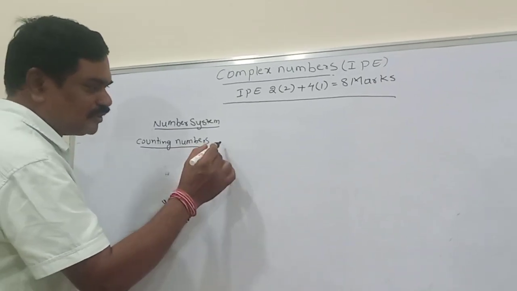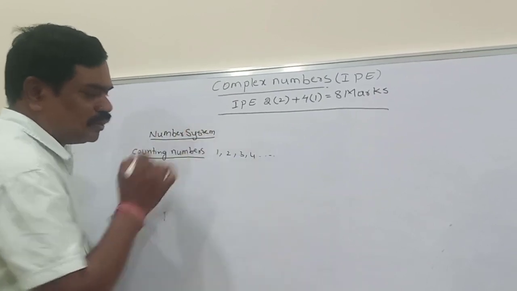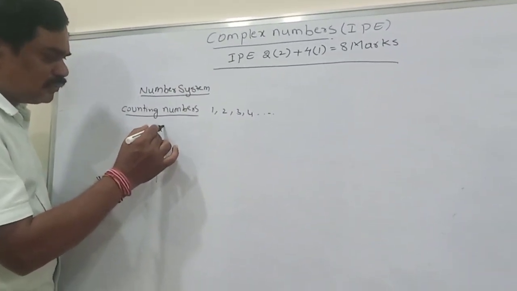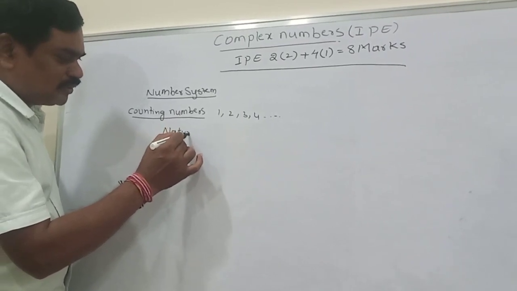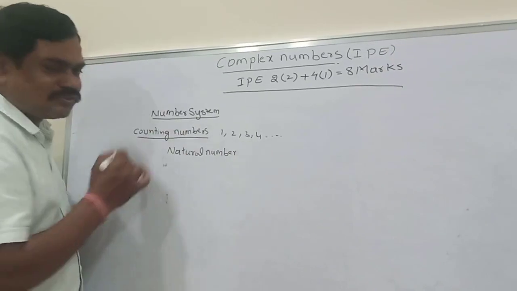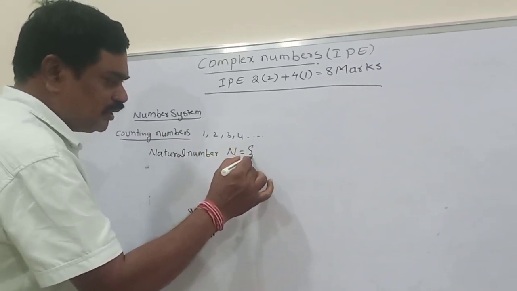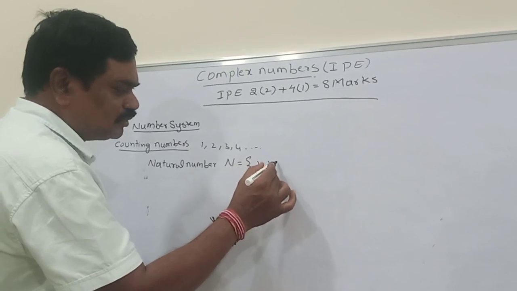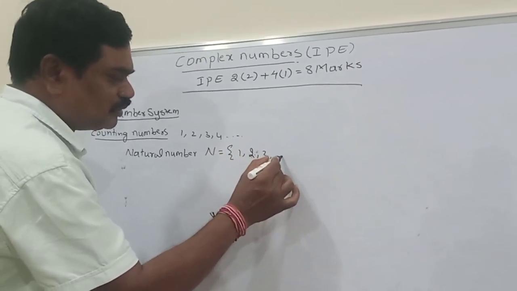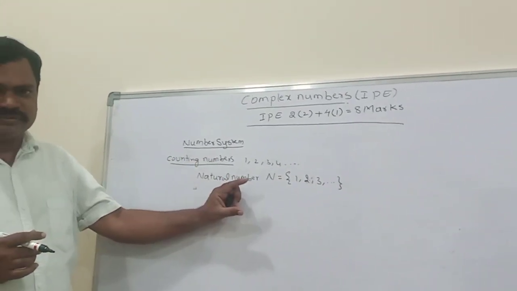Counting numbers are like this: 1, 2, 3, 4 and so on. These counting numbers are also called natural numbers. Natural numbers are denoted by N. N is equal to the set of 1, 2, 3 and so on. These are the natural numbers.